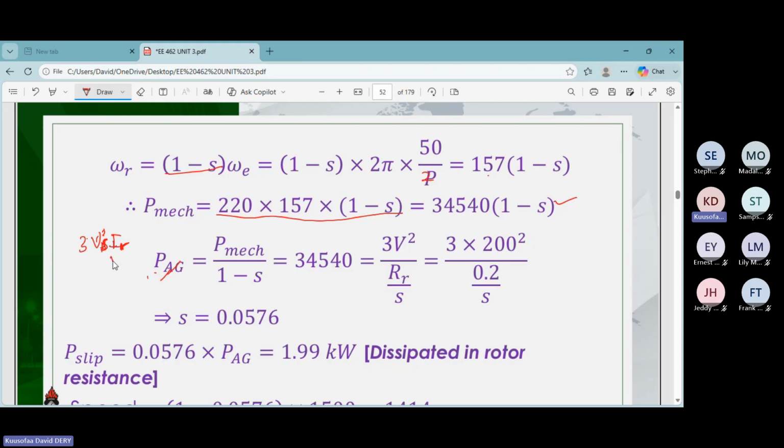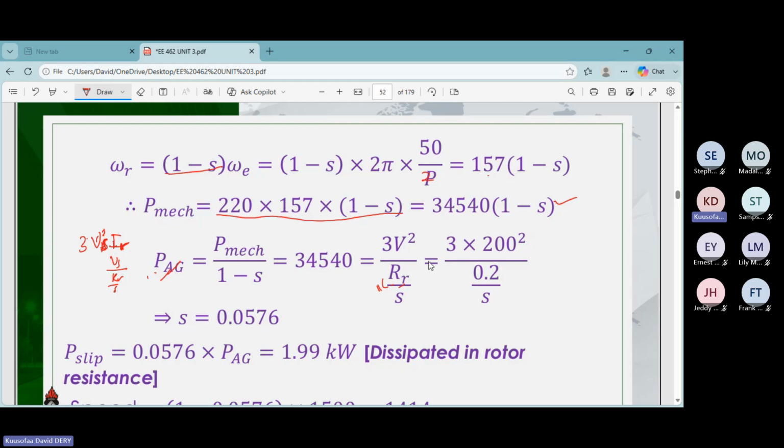IR is Vs over RR over S. So we make that substitution. When you make that substitution, you are going to get this particular expression, right? Because you have Vs squared multiplied by 3 divided by RR over S. So that is what we are going to have.